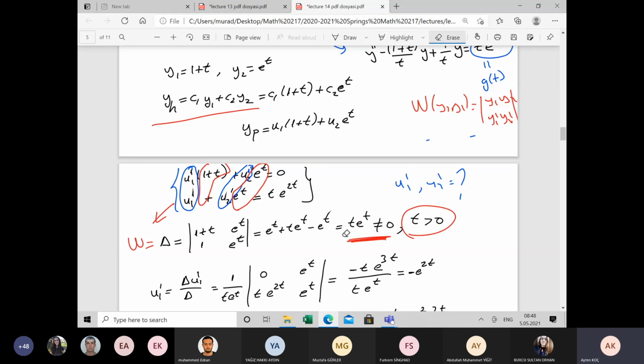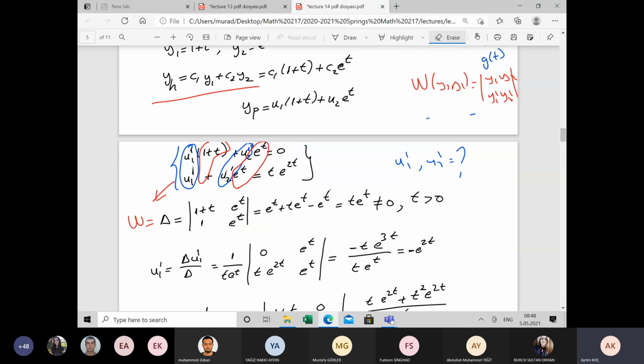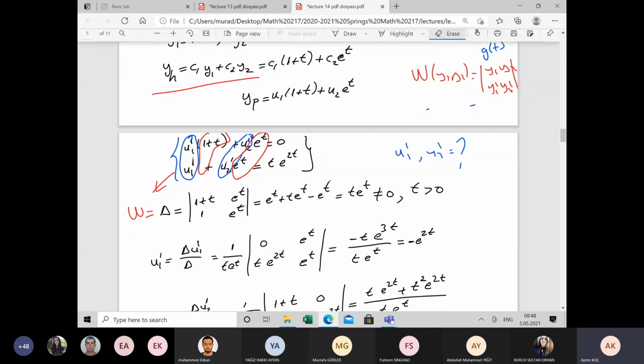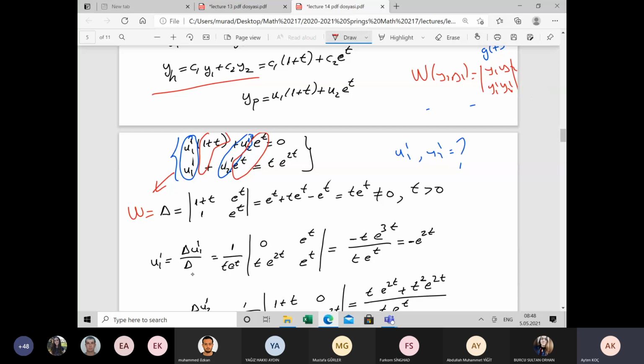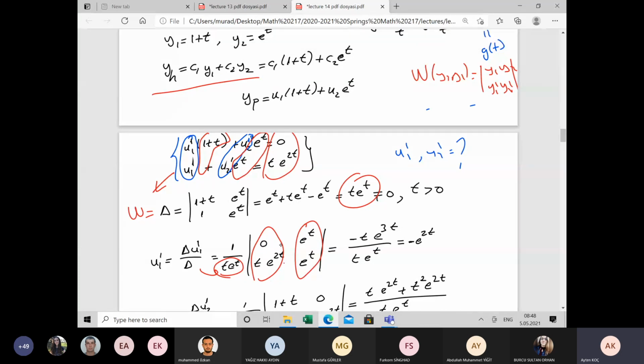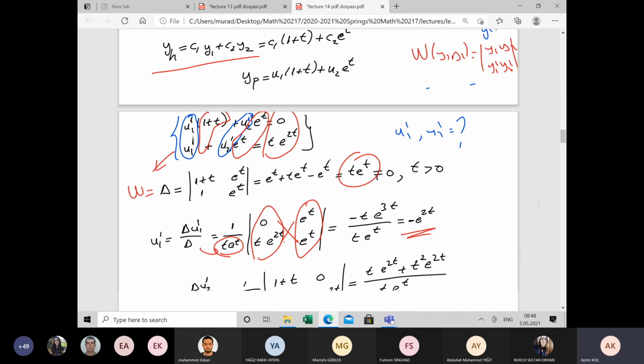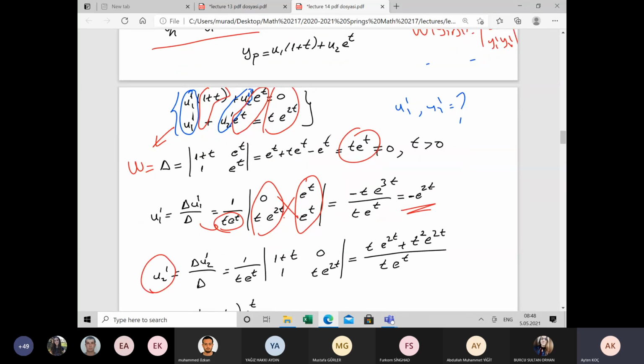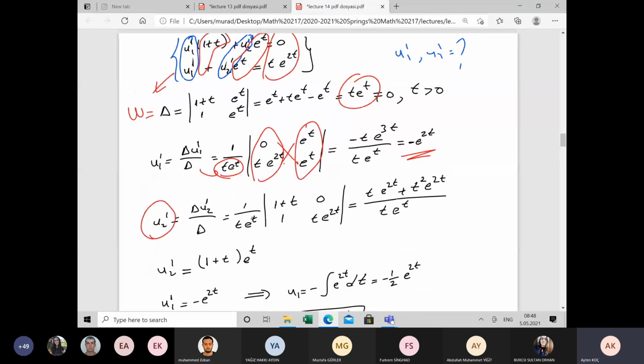Compute the first unknown: u1 prime is delta u1 prime over delta, so 1 over t e to the t, and the right side goes in the first column, while the second column stays the same. Then we obtain this. For u2 prime, delta is the coefficient matrix with the second column replaced by the right-hand side, and the first column stays the same.